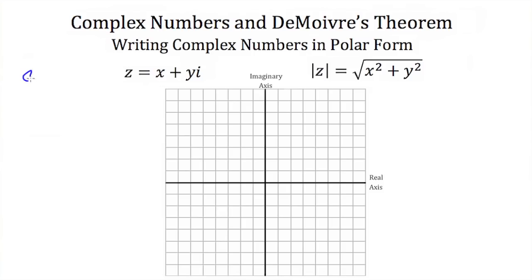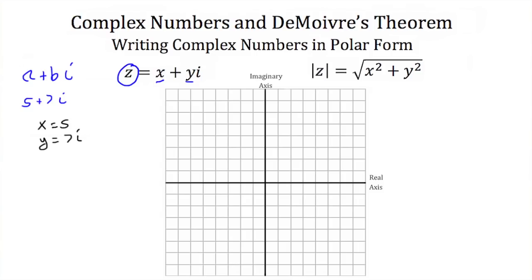So if I have a plus bi, or 5 plus 7i, then my complex number z, instead of saying it's a plus bi, I could say that it's x plus yi. And in this case, x, or my real part, is 5, and my imaginary part, y, is 7, or you can think 7i.